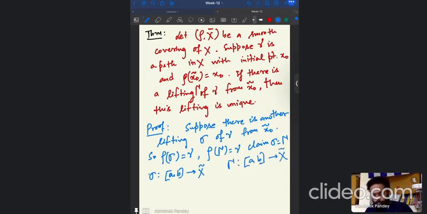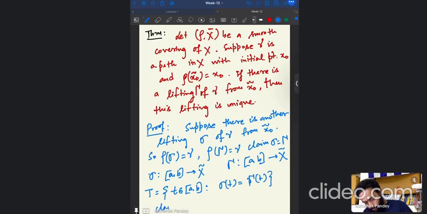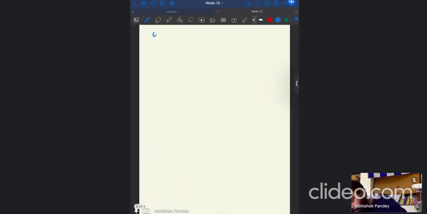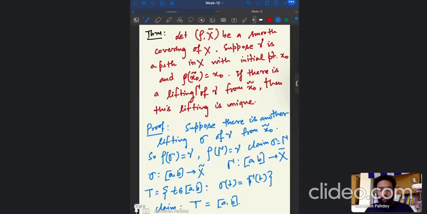Okay. Now consider the set T. So T is the set of t belonging to A comma B such that sigma of t equals gamma of t. Our claim is to prove that T is the whole interval A comma B. Observe that T is always non-empty, because A belongs to T, since both start from x tilde.